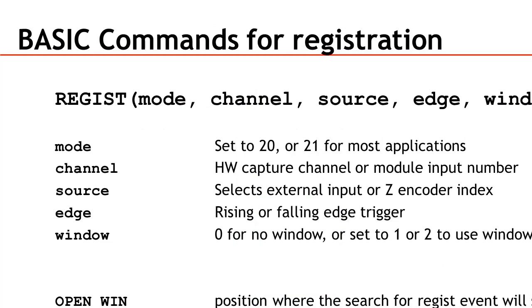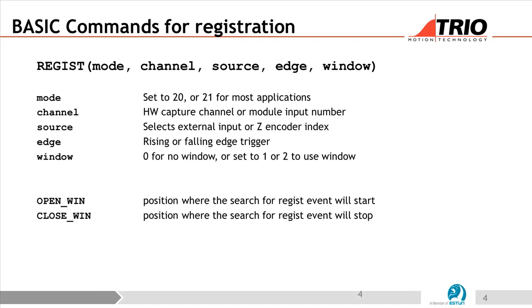There's the command, Regist with a mode. 20 or 21 is the general value we use. You might ask what happened to the others from Regist 0 up to Regist 19. Regists 1, 2, 3 and 4 do exist, and you can use them. They're backward compatible with our older controllers.